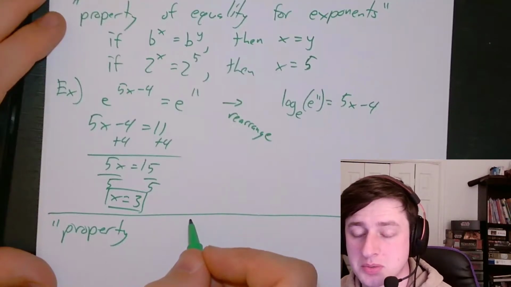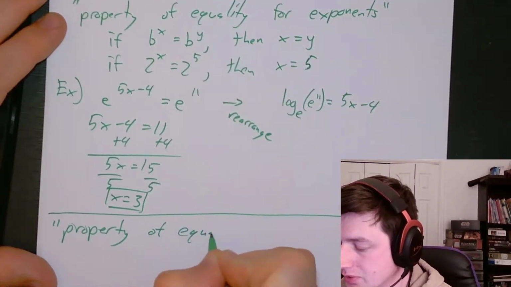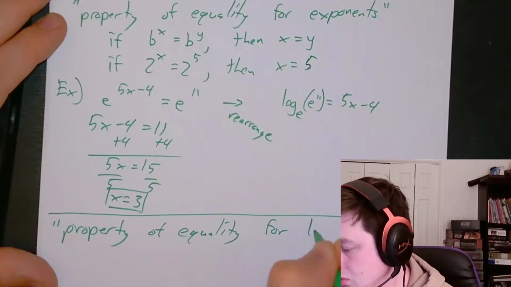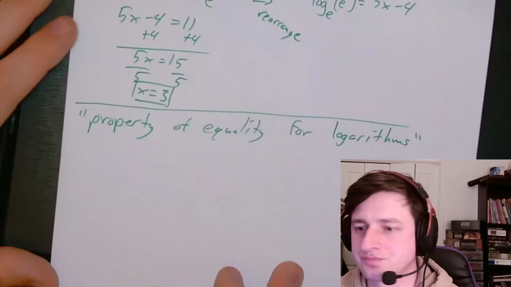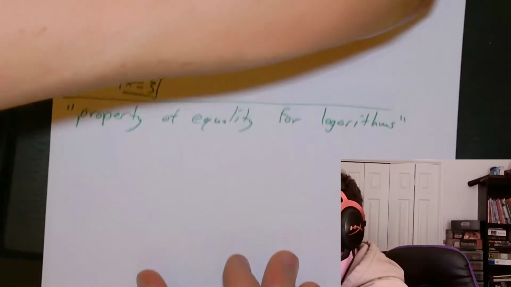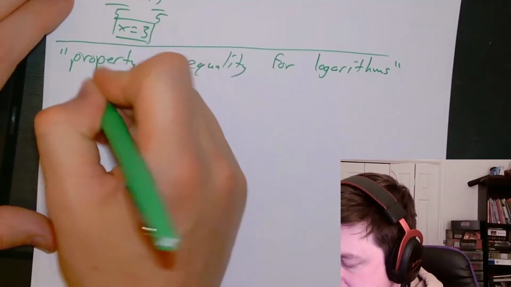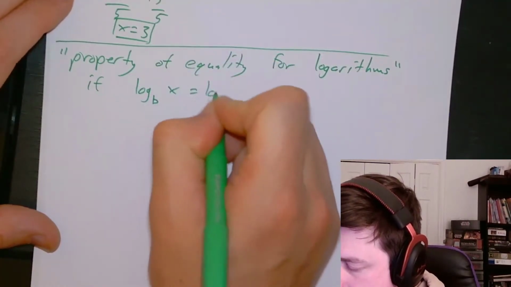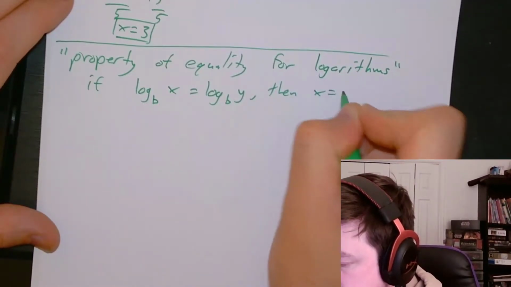We have a similar property of equality for logarithms. So again, two things are going to be equal. It's a property of equality for logarithms specifically. Okay, and so this says if log base b of x equals log base b of y, then x has to be y.